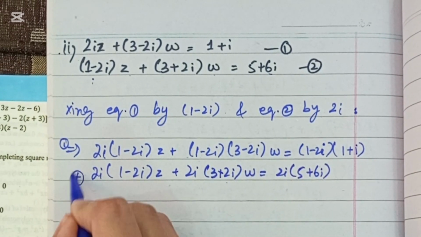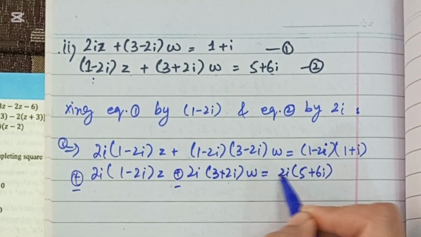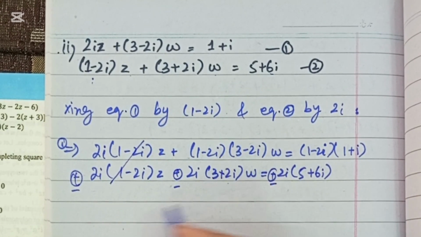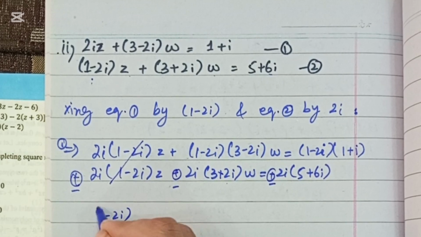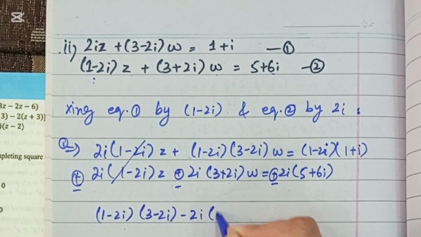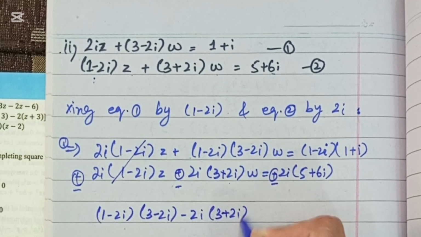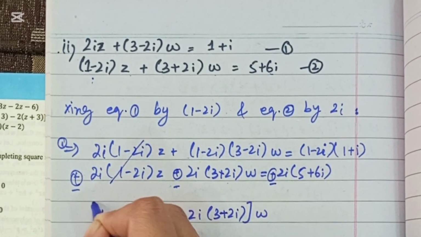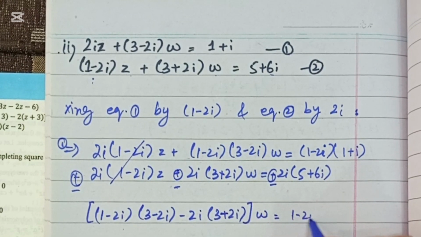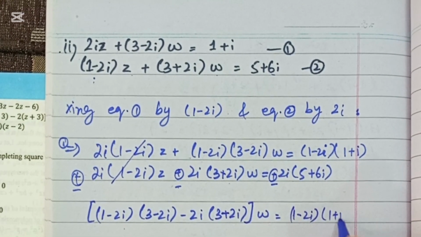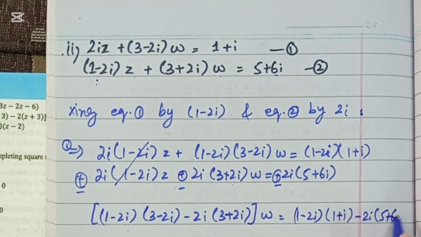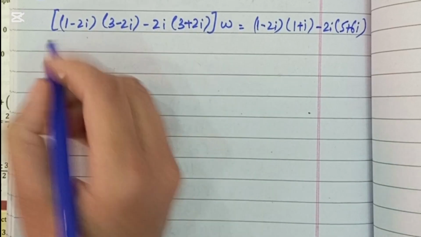Now we will change the sign. This one will be cut, and here we will be left with 1 minus 2 iota into 3 minus 2 iota minus 2 iota, 3 plus 2 iota, and W will be common. Okay, so here we will see 1 minus 2 iota into 1 plus iota minus 2 iota, 5 plus 6 iota. So now we will multiply these all.